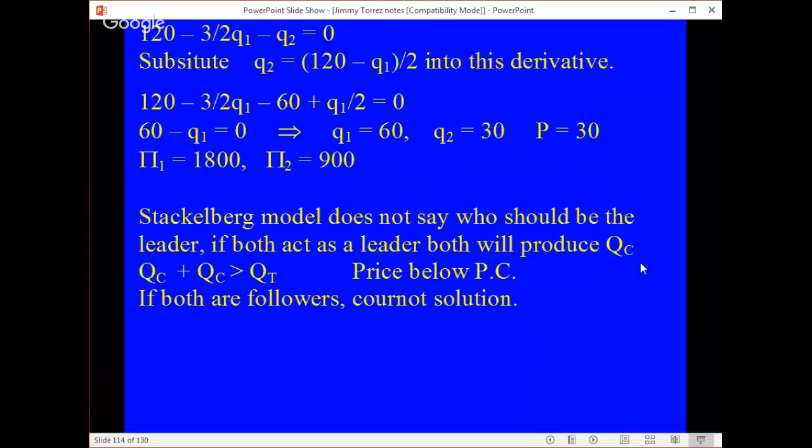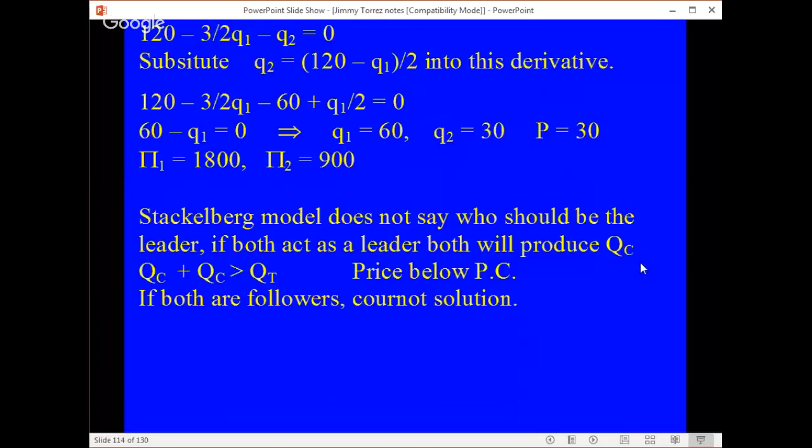So in this case, with Q1 being the price leader, he's going to produce 60 units, and Q2, the follower, wants to maximize profits and will produce 30 units. The price, since the total quantity is 90, is going to be 30. And we take that from our inverse demand curve of 120 minus Q1 minus Q2.